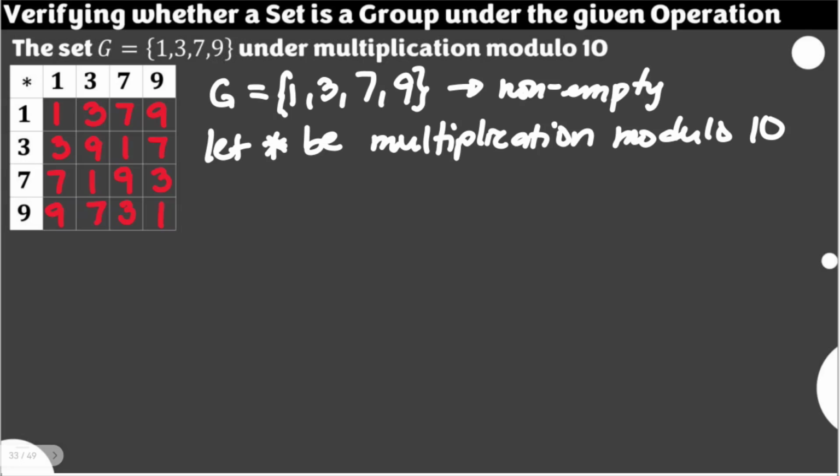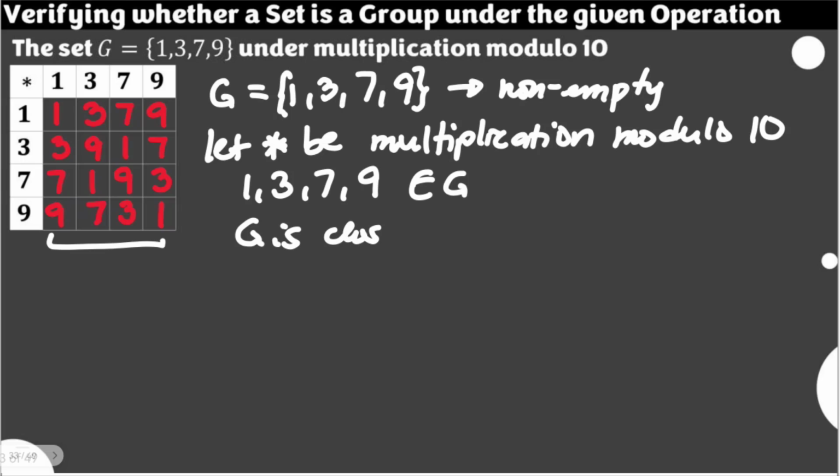Now, looking into the components of this, we can see that all the results here are just 1, 3, 7, and 9, just rearranged into respective grids depending on the result of the operation, and they are all elements of G. We can now say that G is closed under the star operation, which is multiplication modulo 10, because all of these are just elements of G itself.